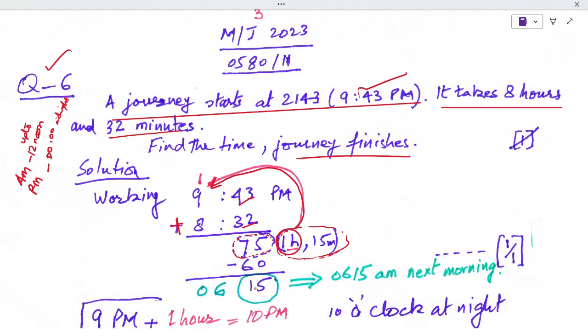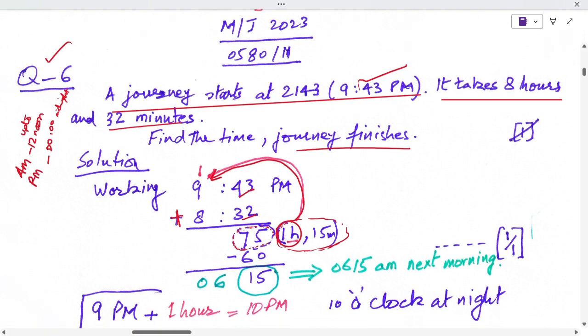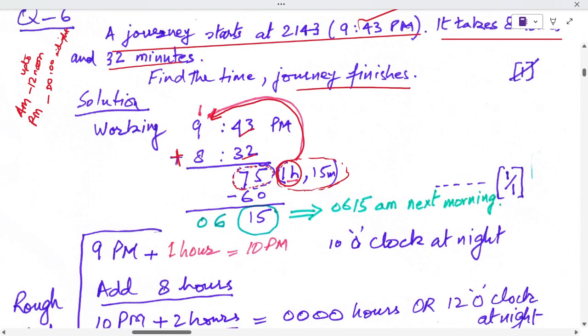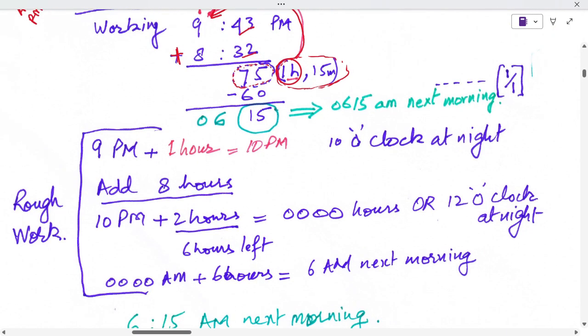And when I add 1 hour to 9 p.m., it becomes 10 p.m. And then adding 8 hours more, it goes on to 6 a.m. next morning, because 10 plus 8 is going to be 11 and 12, that is the midnight. And then we have to go up to 8 hours adding.